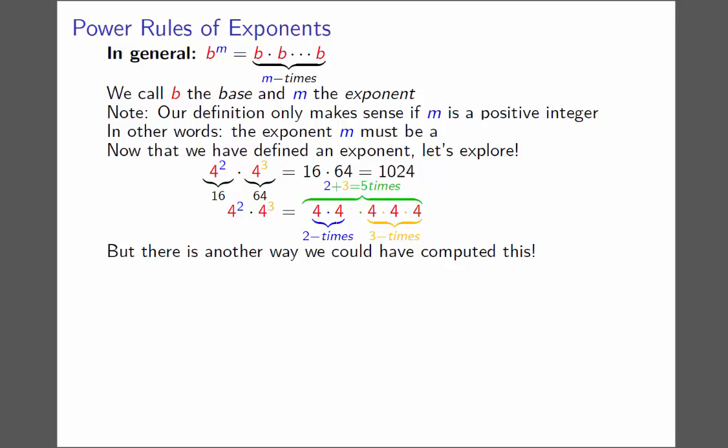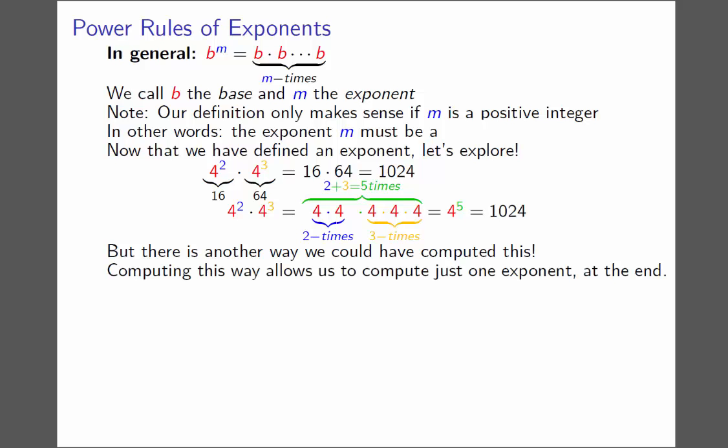But in total, we have 4 multiplied by itself 2 plus 3, which is 5 times. So we could have written this as 4 to the 5 power, which is 1024. Computing it this way allows us to compute just one exponent at the end.